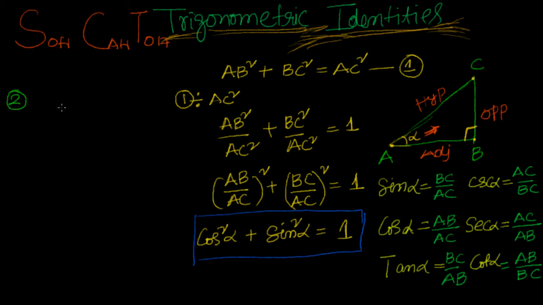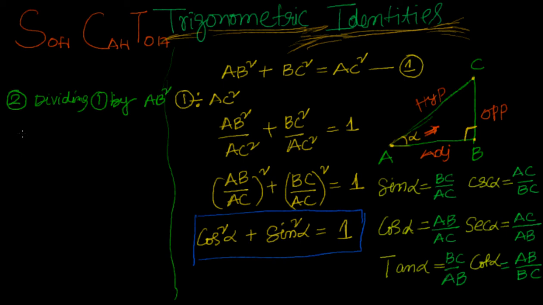So for number 2, I will divide by AB square, because that is what we need for secant alpha and tan alpha.